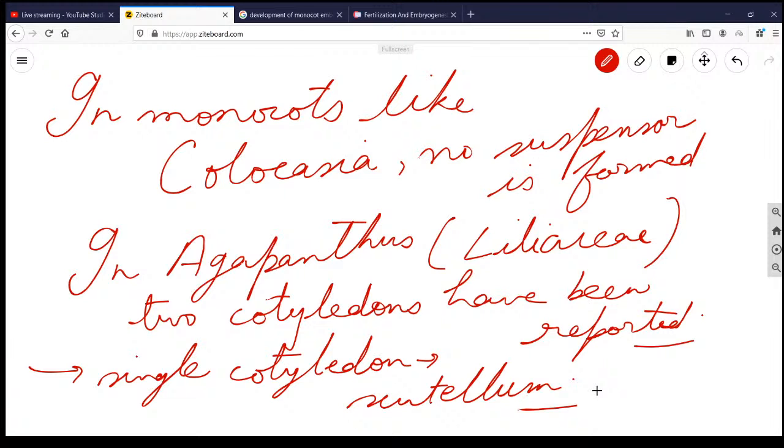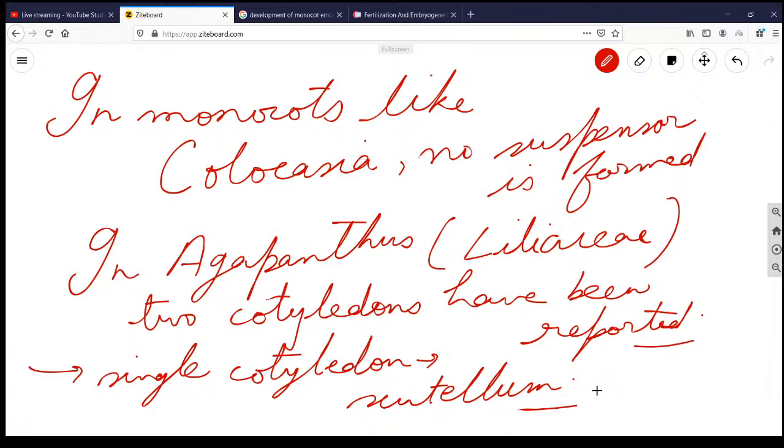After the embryogenesis happens in the embryo sac, a depression is produced laterally where the plumule will stay. So that is the concept behind the monocot embryo here.